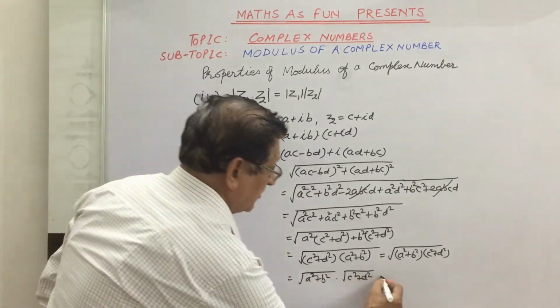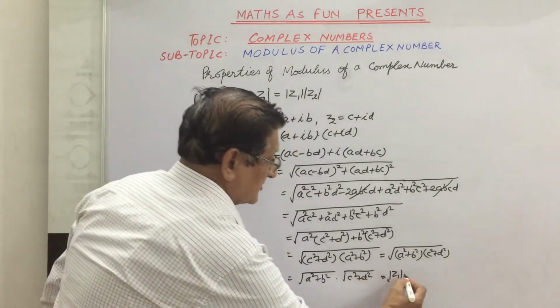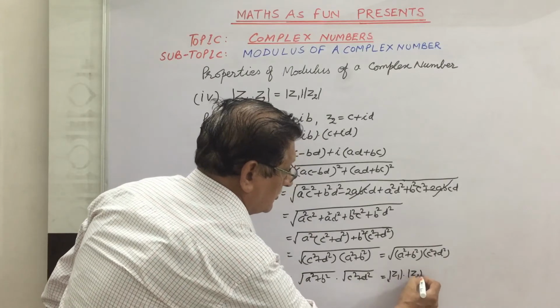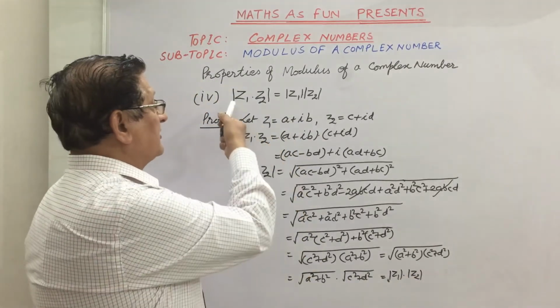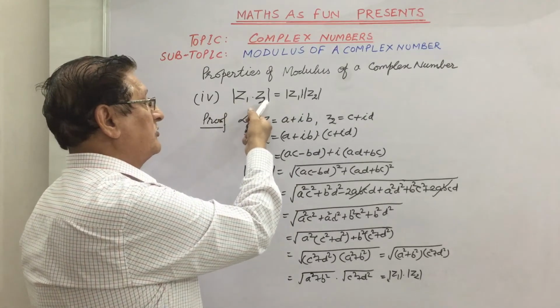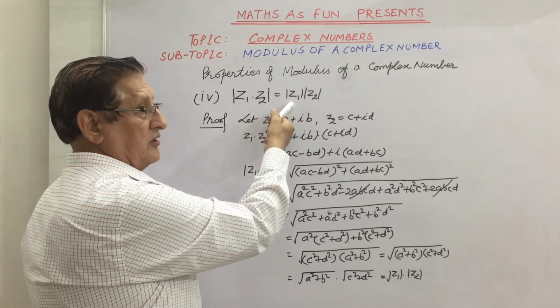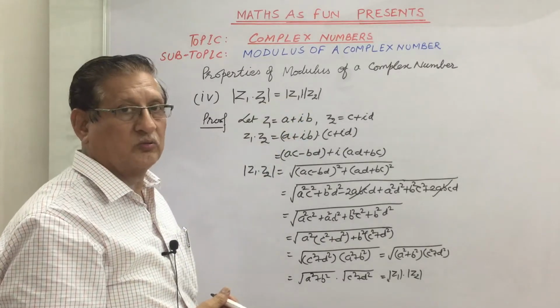This we know is the modulus of z1. And this is the modulus of z2. It means we could prove that the modulus of the product z1 into z2 is equal to the product of the moduli of z1 and z2.